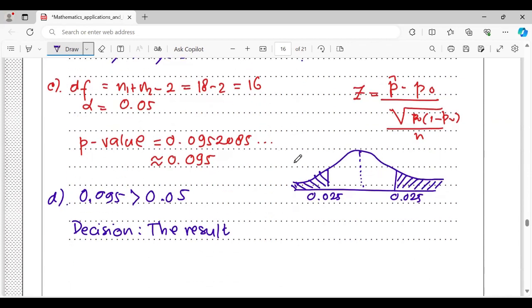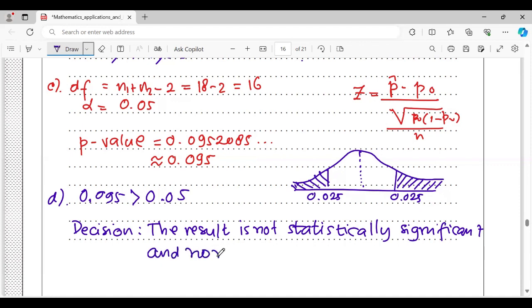The result is not statistically significant, and there is no need to reject the null hypothesis.